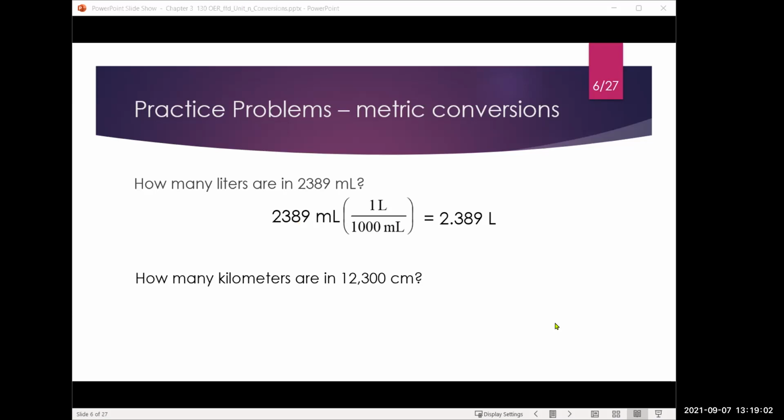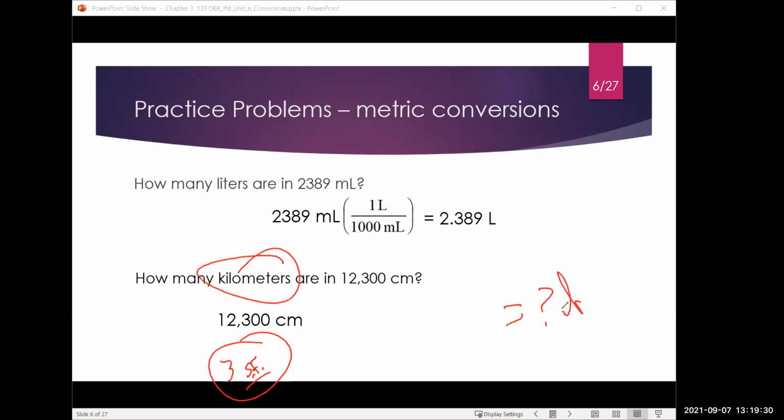All right, second one. How many kilometers are in 12,300 centimeters? We write down what we're given. Note the number of sig figs: 1, 2, 3, 3 sig figs to work with. I keep track of that because that's how many sig figs I need at the end. Then I write down what I'm looking for, and I'm looking for kilometers units. I have centimeters.